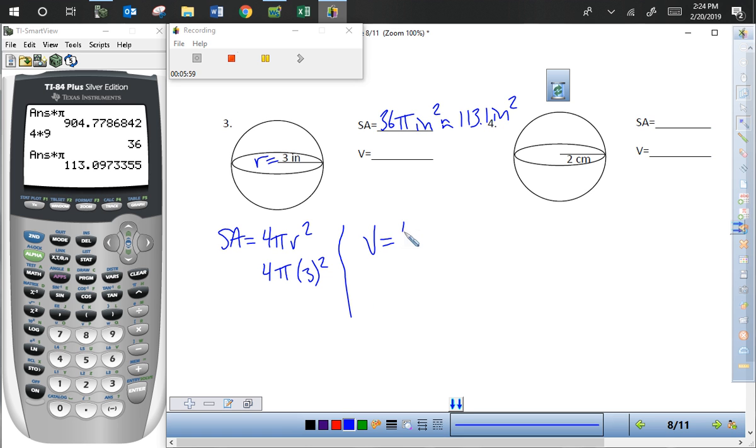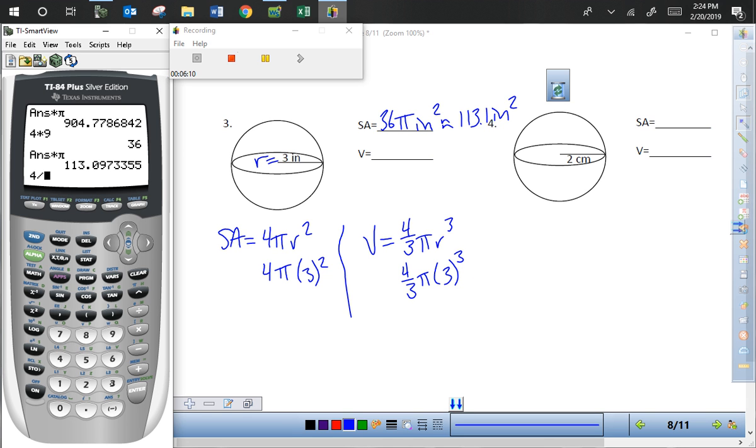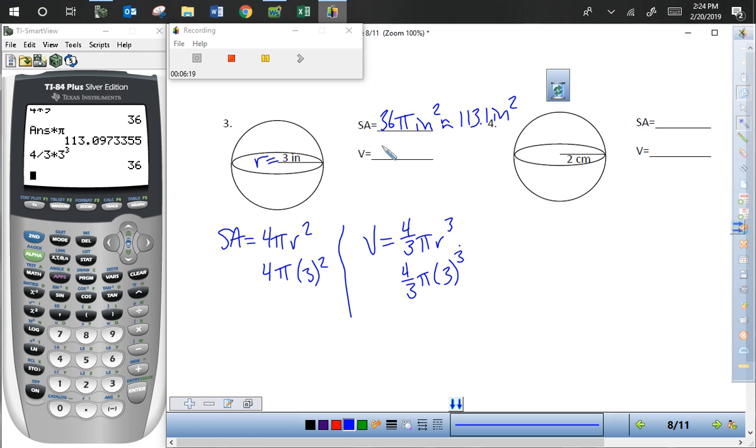Volume, 4/3 pi r cubed. So 4 divided by 3 times pi times 3 to the 3rd power. We're taking 4 divided by 3 times 3 to the 3rd, and we get 36 pi inches cubed.